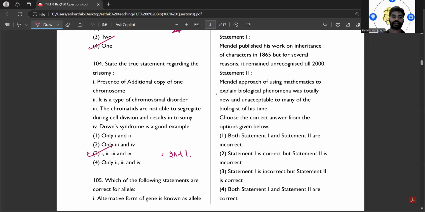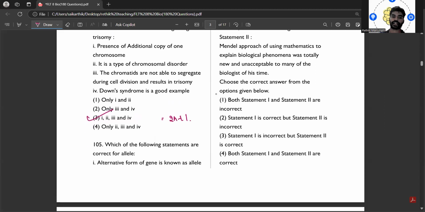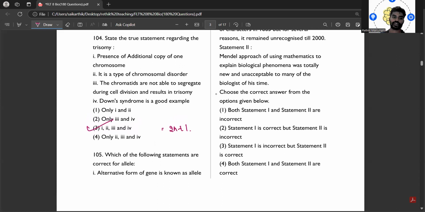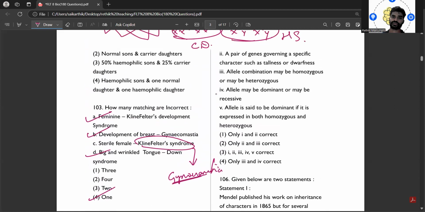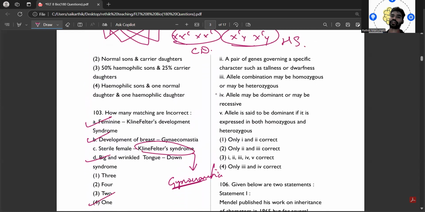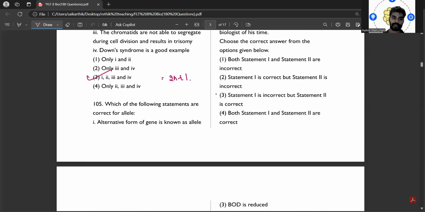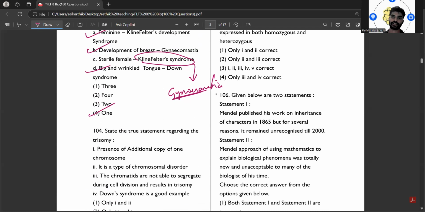Next is 105. Which of the following statements are correct for allele? The alternative form of a gene is known as an allele. A pair of genes called specific characters such as tallness or dwarfness. The allele combination may be homozygous or heterozygous. Then the first one is also correct according to that allele definition.